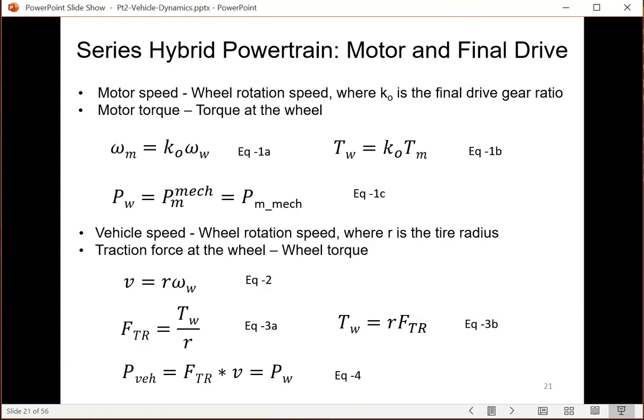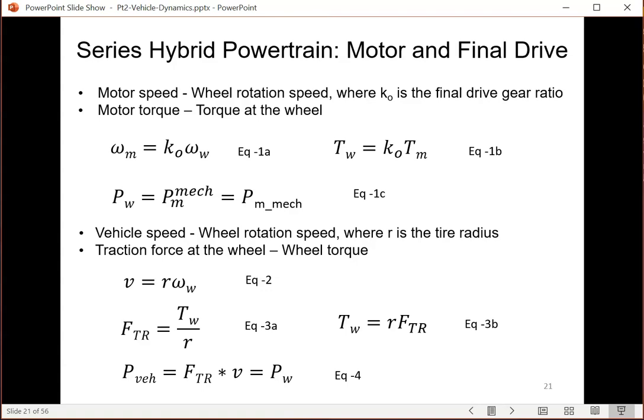But also, the power of the vehicle, the forward power, equals F, the traction force, times the forward velocity. If you substitute the relationship from equation 3A and equation 2 into there, we end up with TW times omega W, which is the power of the wheel. So the power consumed for driving the vehicle is the same as the power of the wheels.